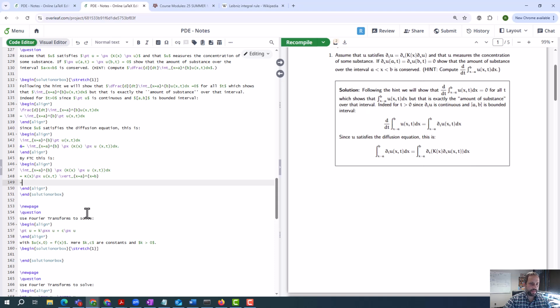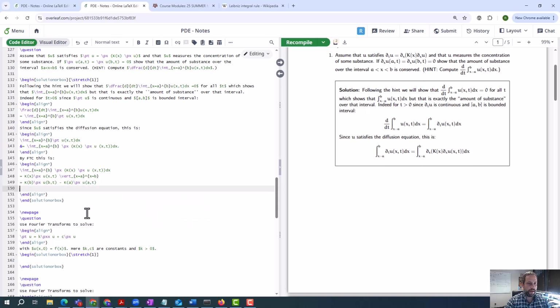And this is equal to k of b times the x derivative of u evaluated at b, t, minus k of a times the x derivative of u evaluated at a, t.